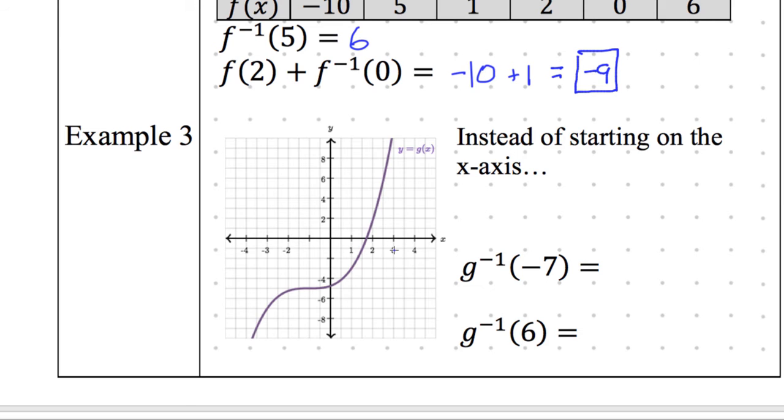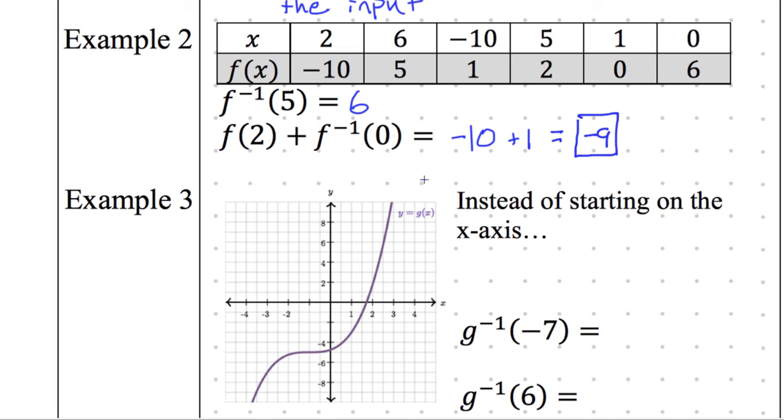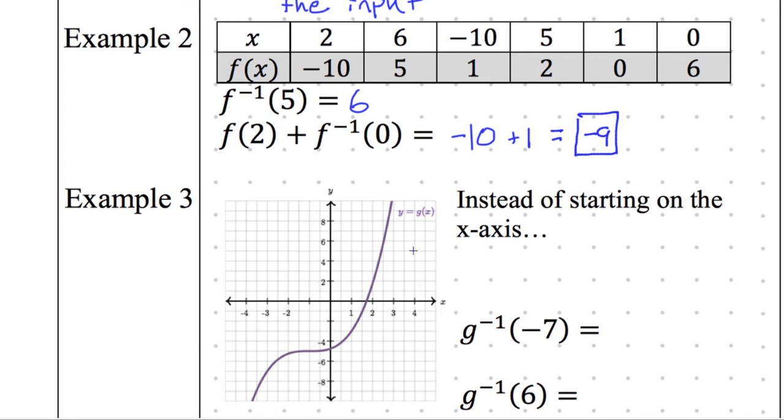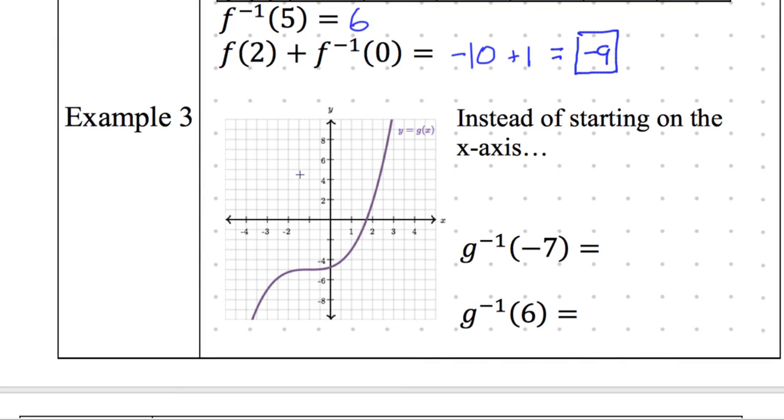Example 3. Now we're going backwards from a graph this time, instead of from a table. Normally, this is how a graph works. You go out on your x-axis, and then you find where you intersect the y-axis.